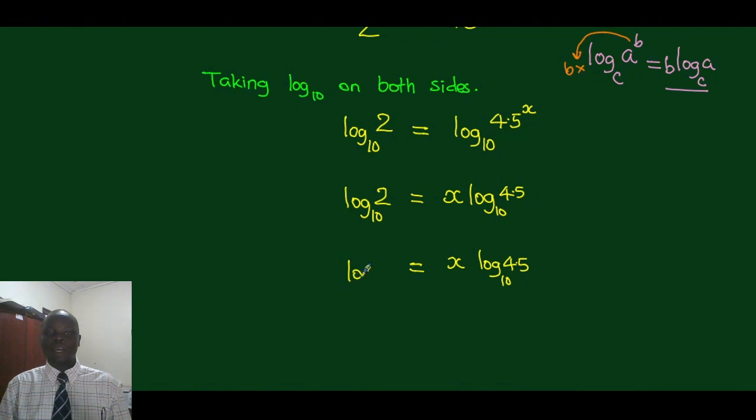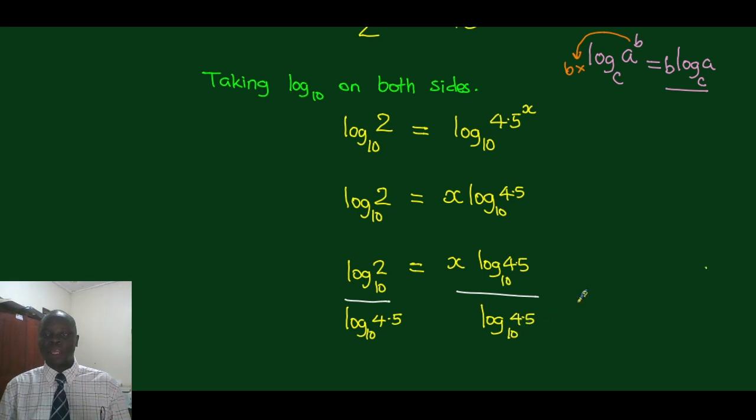So we have here logarithm of 2 to the base of 10. Then we are of course dividing, so let me use a different color to show the division. On this side we have logarithm to the base of 10 of 4.5, also here logarithm of 4.5 to the base of 10.